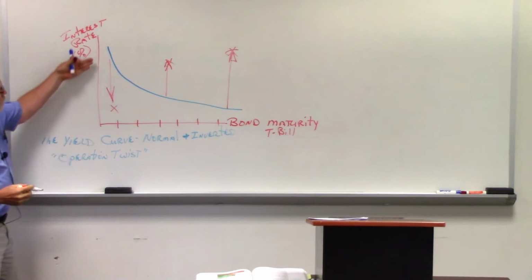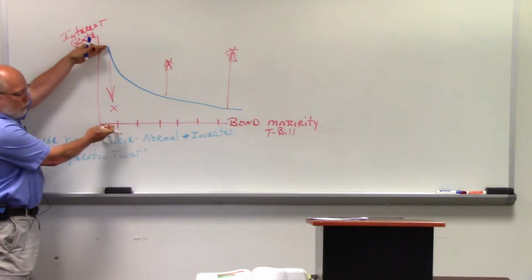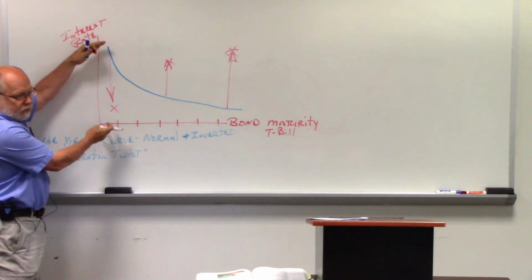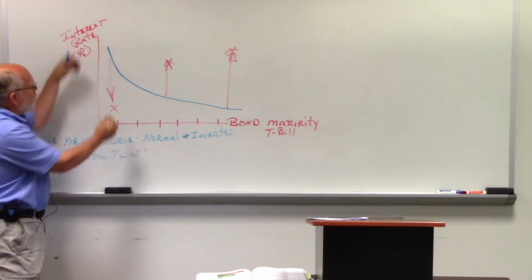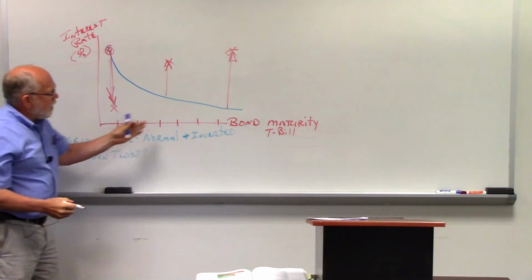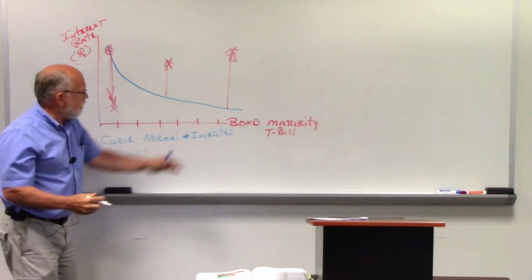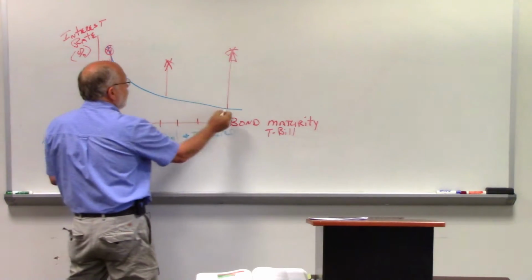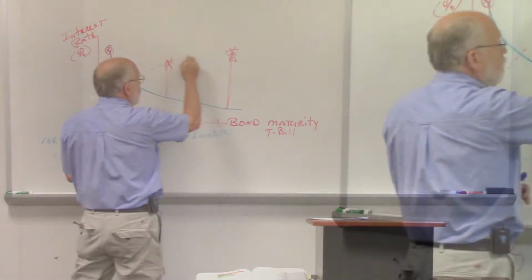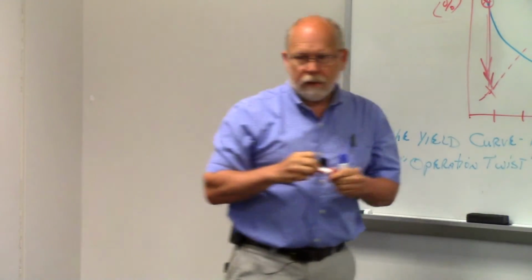In other words, it will sell these short-term instruments, make them plentiful to drive the price down. And it will begin to buy these instruments over here, which will tend to drive the price up to force the yield curve to look normal again.